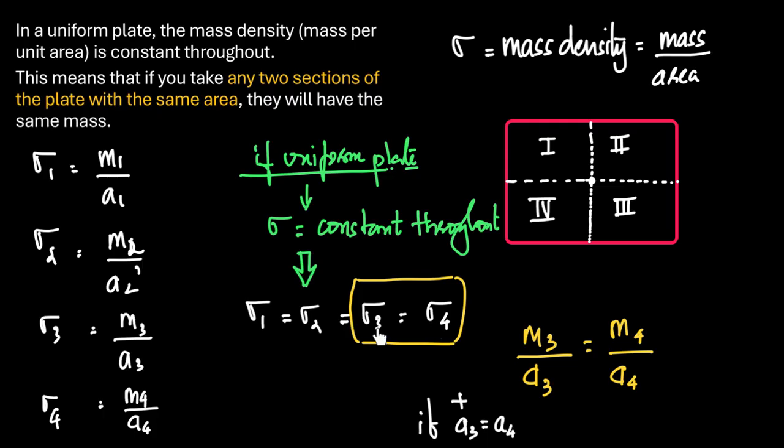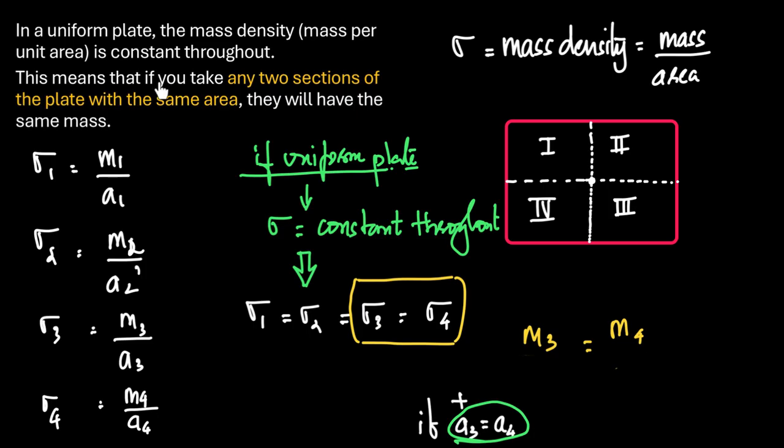And if we consider sigma 3 and sigma 4 alone, what can we say? If sigma 3 is equal to sigma 4, then m3 by a3 should be equal to m4 by a4. And if this condition is true, then if we impose another restriction here, which is if a3 is also equal to a4, then it becomes clear that m3 should be equal to m4.